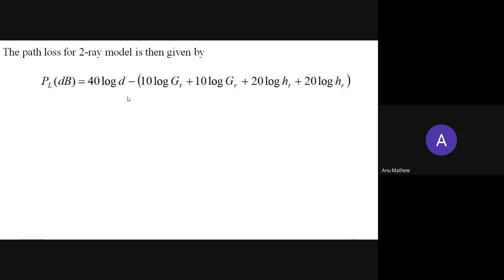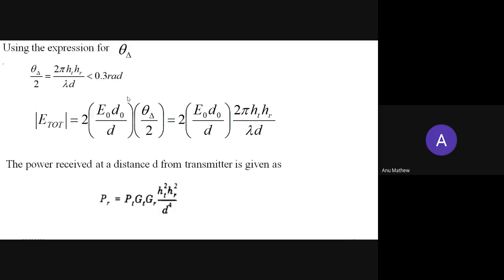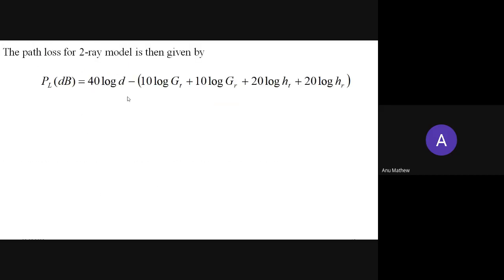So this is the analysis of the two-ray reflection model, or the ground propagated model. Here the main thing we found is the total received energy at the receiving antenna placed at a distance d, then the received power of the receiving antenna, and also the path loss of the two-ray model. That is all about the two-ray reflection model.